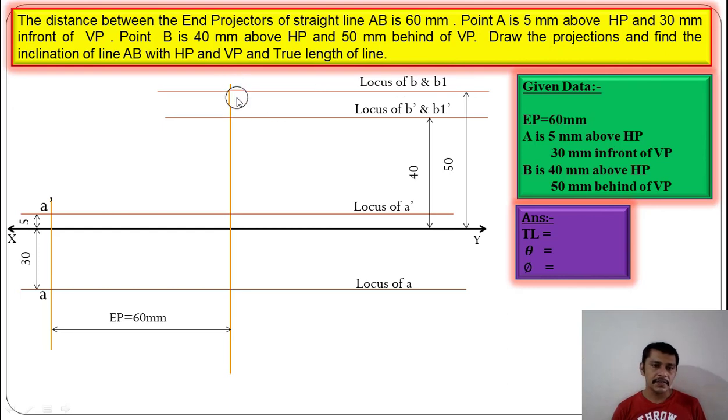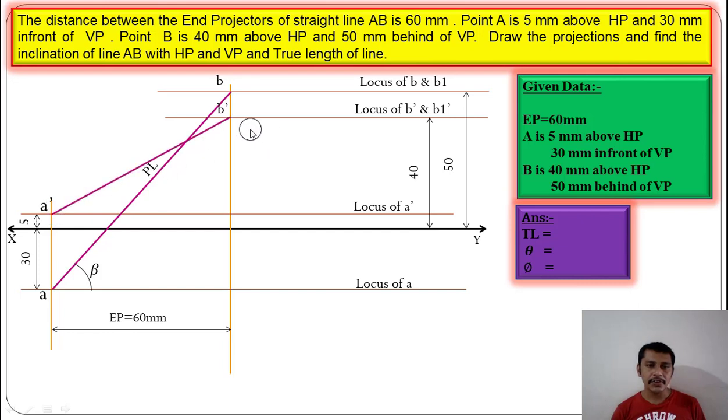And now as this is the projector of point B, we will get B dash over here and B over here. Now connect AB will be our plan length, and the angle of the plan length is beta. And connect A dash B dash will be our elevation length, and the angle of the elevation length will be the alpha angle. Now we have to find out the true length, the theta angle and the phi angle.